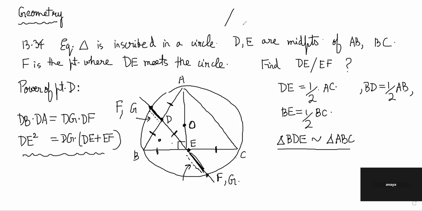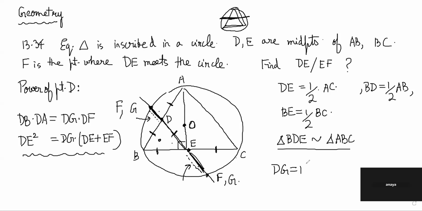If you draw a circumcircle like this, it doesn't matter which side you meet. So by the symmetry of the problem, because the triangle is equilateral and this line is the midline joining two midpoints, both of these lengths have to be the same, DG and EF.